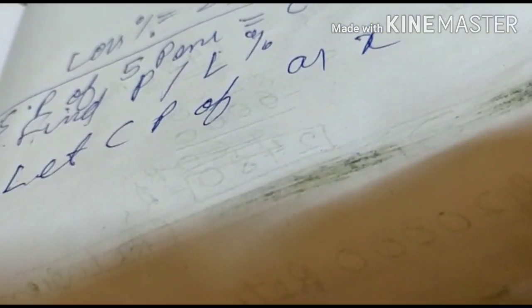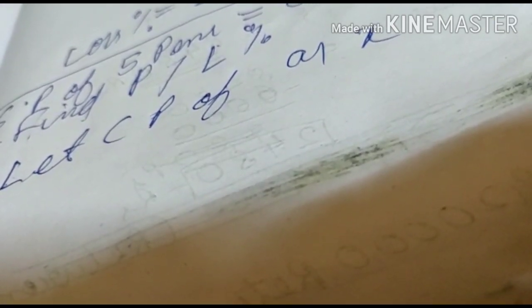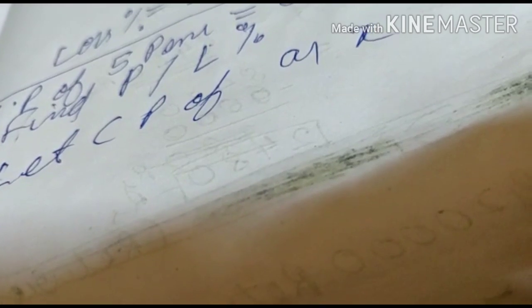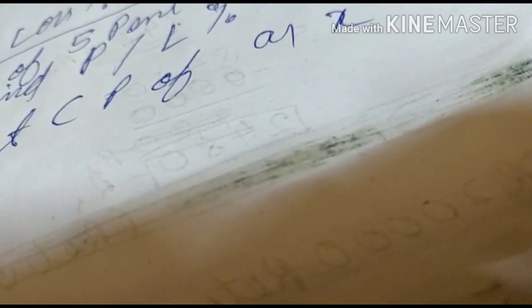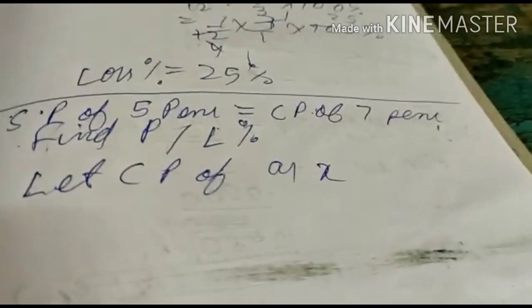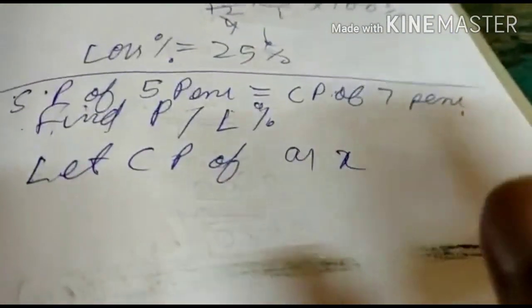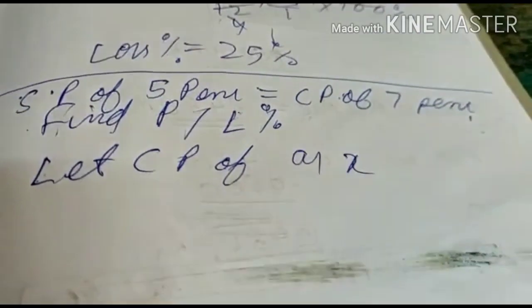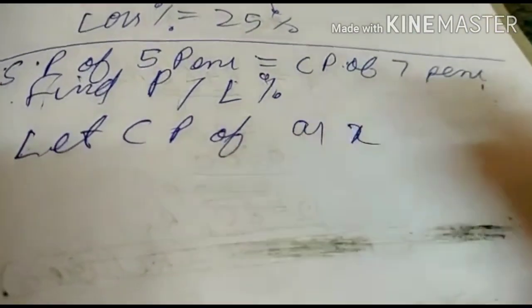Like if you have bought a pen for ₹3, this was the price at which you bought it, it will never change, but you can sell it for ₹4, 5, 6, 7. It depends upon the customer and you, how much you want to sell it at. So SP can be changed, but CP cannot be changed. CP always remains the same at which you have bought. Once you have bought it, that will remain the same, but while selling you can think how much to charge for it.